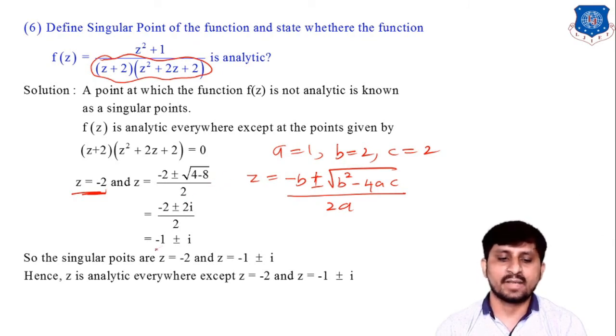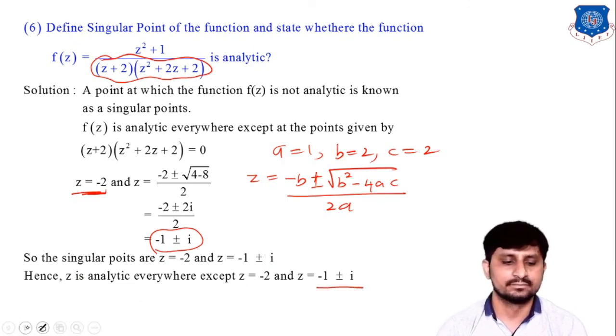So finally you will get minus 1 plus or minus i. So the singular points are z equal to minus 2 and z equal to minus 1 plus or minus i, right? And hence f of z is analytic everywhere except z equal to minus 2 and z equal to minus 1 plus or minus i.